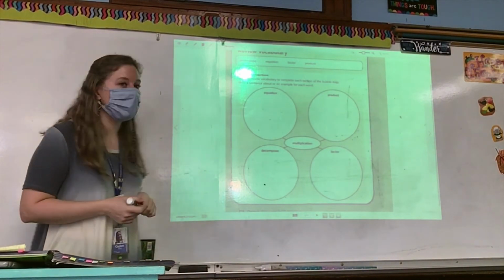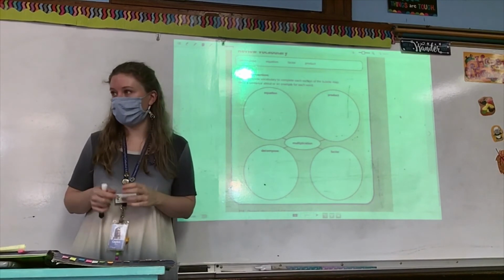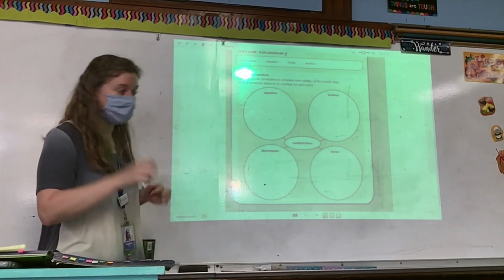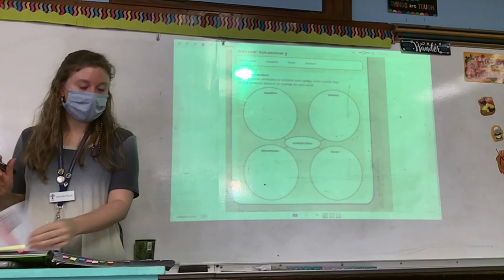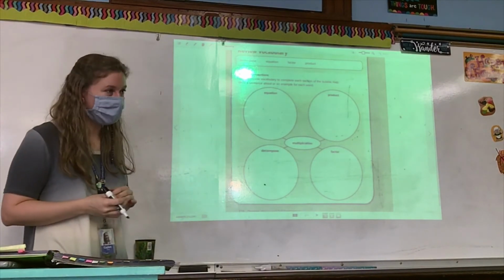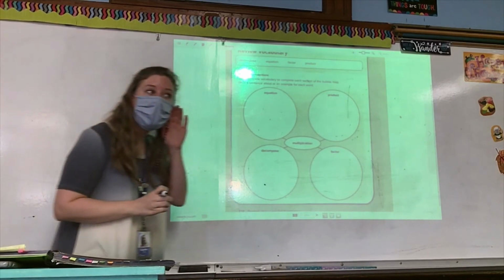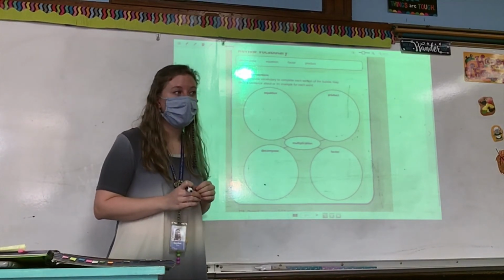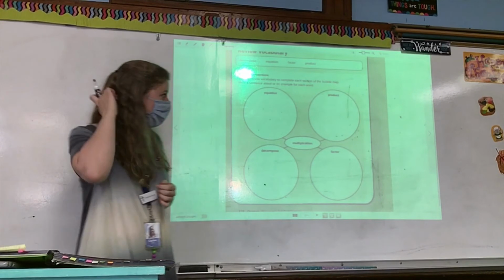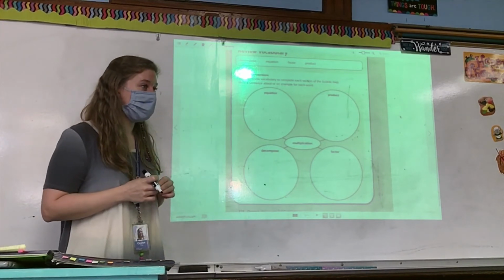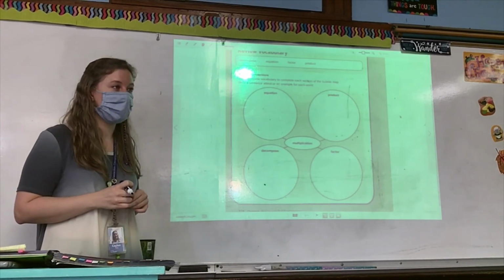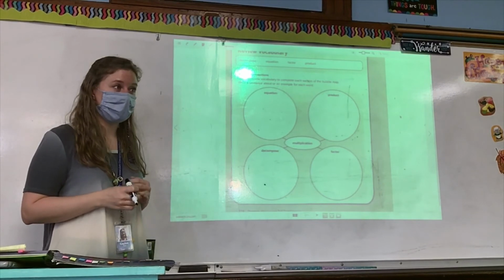So for equation, who did a sentence? Zadie, do you want to say the sentence? The equation is the problem, the multiplication. Is an equation always multiplication? No, because what else could it be?